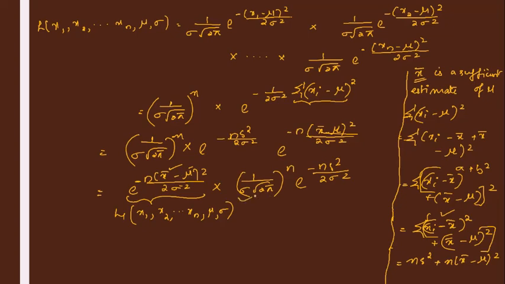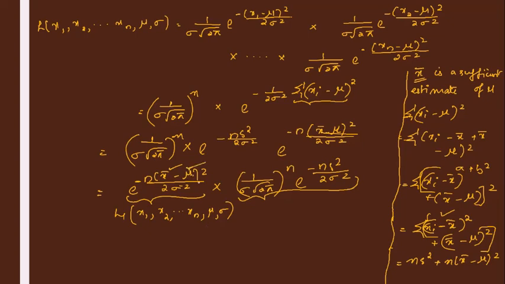And what about the other part? Do you have any statistic involved over here? No. So this is independent of your parameter mu, you don't have your mu over here. Now here you have your parameter which is of concern, that is mu.